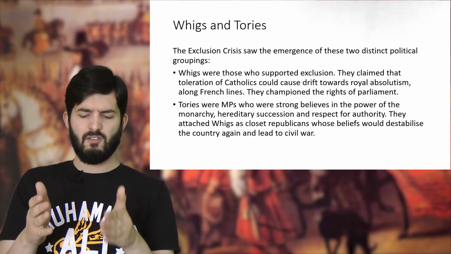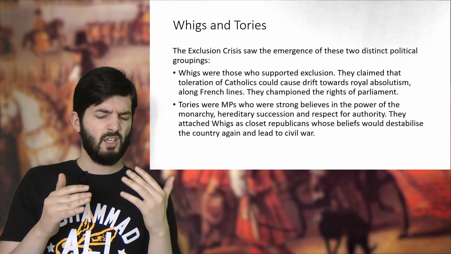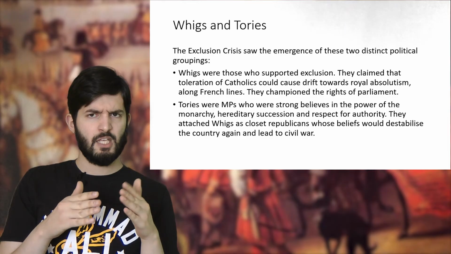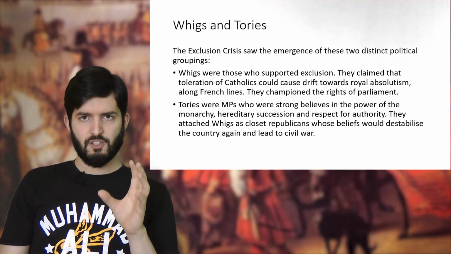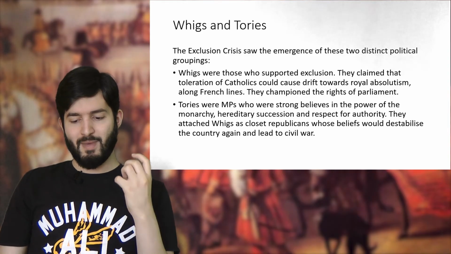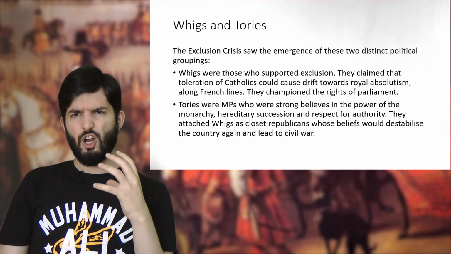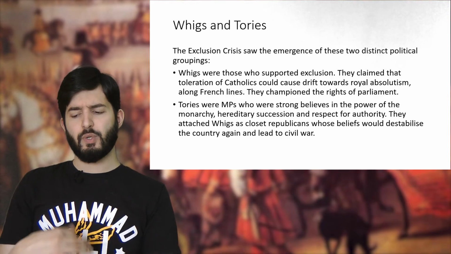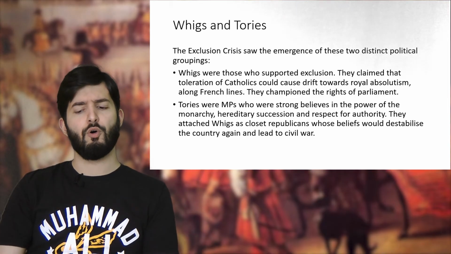And so that's where it can get a little bit confusing. Why are these guys who are strict Anglicans also supporting Charles despite there being these fears of James's Catholicism? For them, that's a secondary issue. What matters first and foremost is the power of the monarchy and maintaining that system. And so they attack the Whigs as being closet Republicans whose beliefs would destabilise the country and lead it to drift once again to civil war.